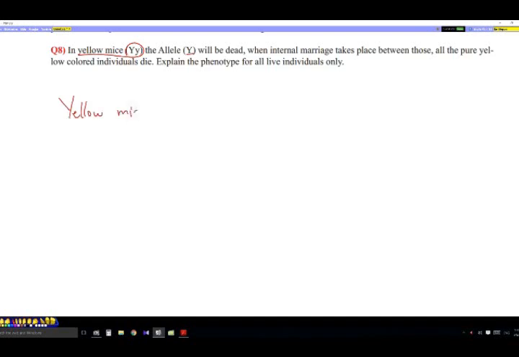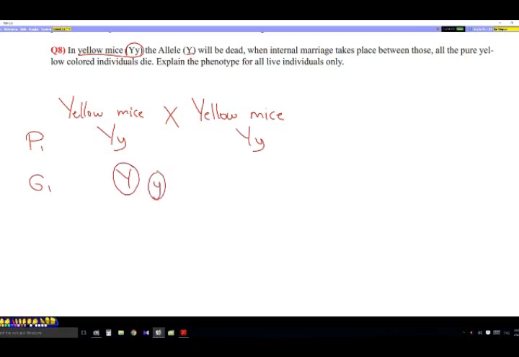yellow mice crossed with one another, the parents, yellow mice, must be hybrid, and produce gametes, Y capital, y small, Y capital, y small.